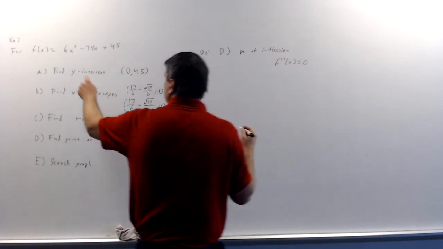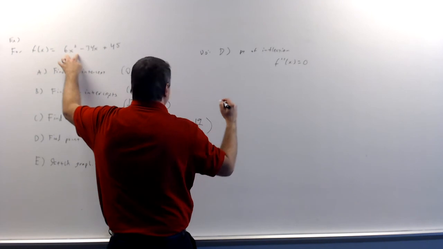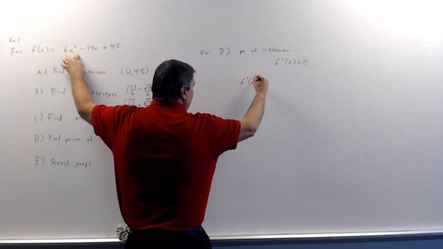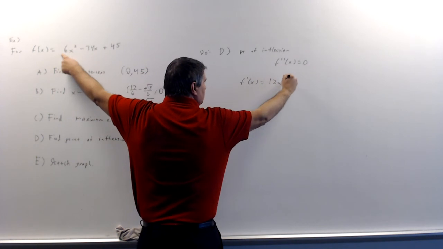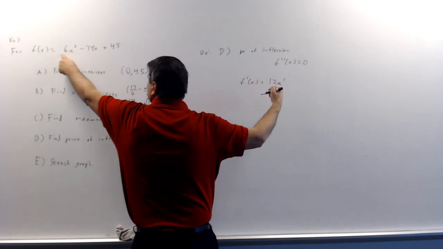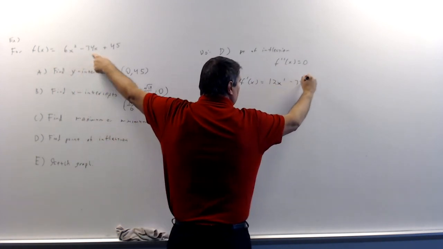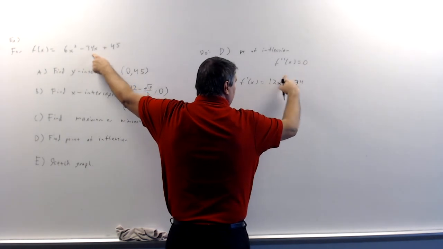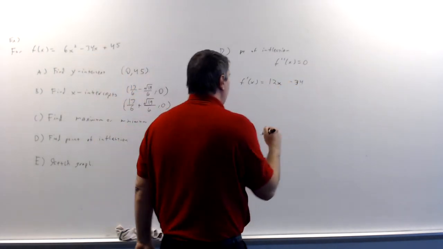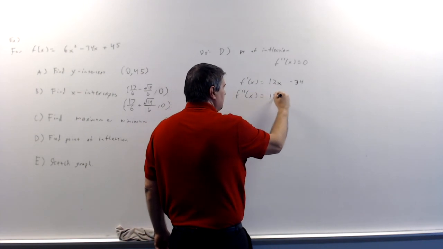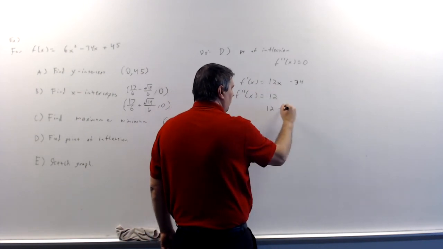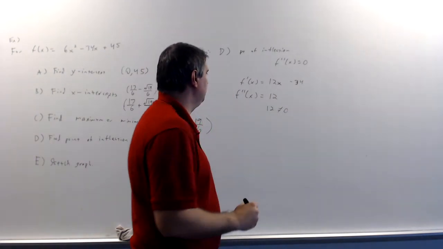Well, f prime of x is 2 times 6 is 12, and x goes down a power to 1, minus 34. So f double prime of x is just 12. 12 never equals 0.